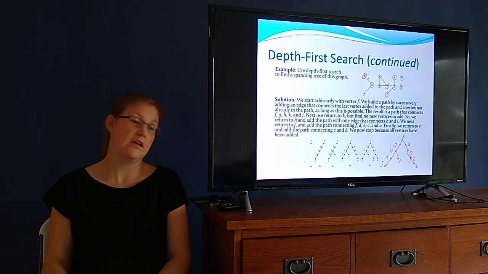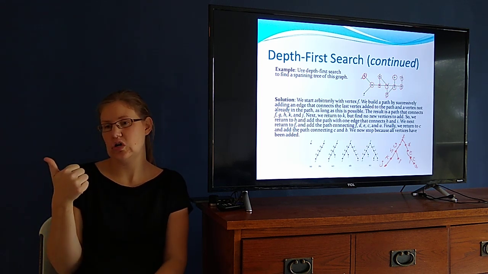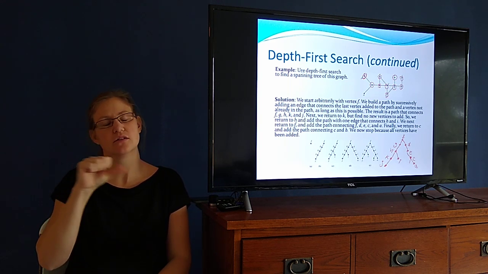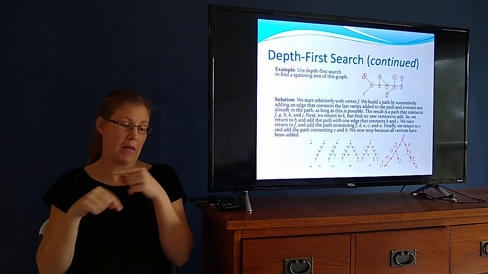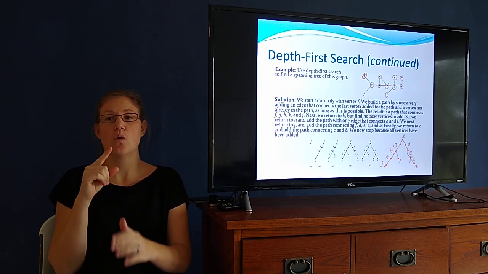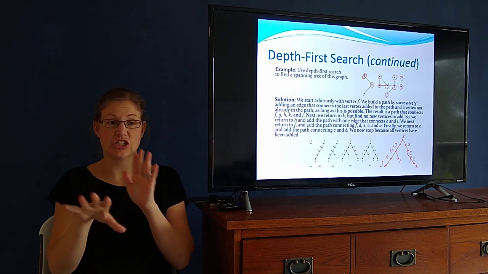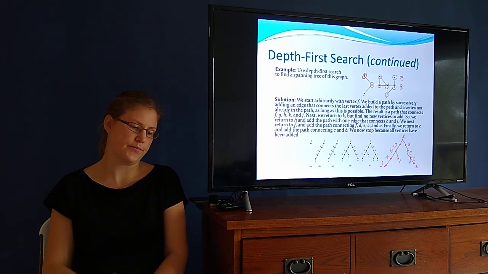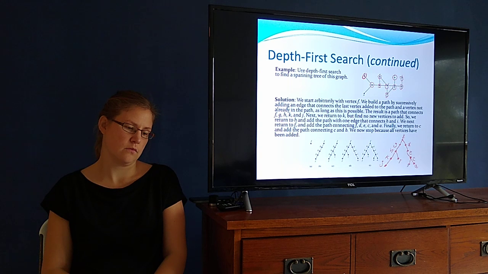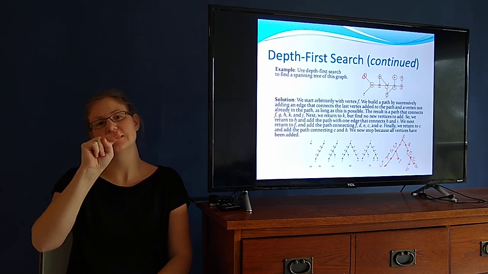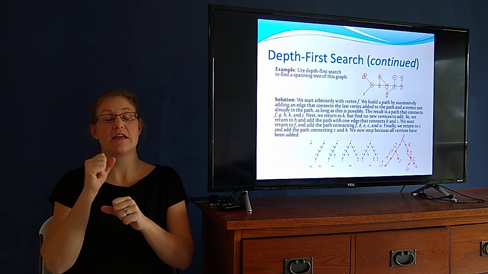Is A connected to other undiscovered vertices? It's only C. So let's go back to C here. So from C, what is the next undiscovered vertex that is connected to C? It's only B. So this is our final spanning tree that we have constructed using depth first search.